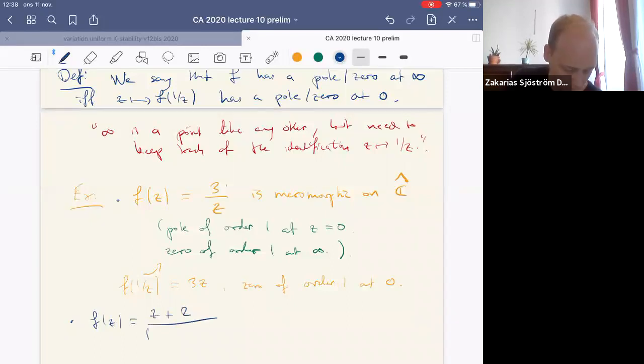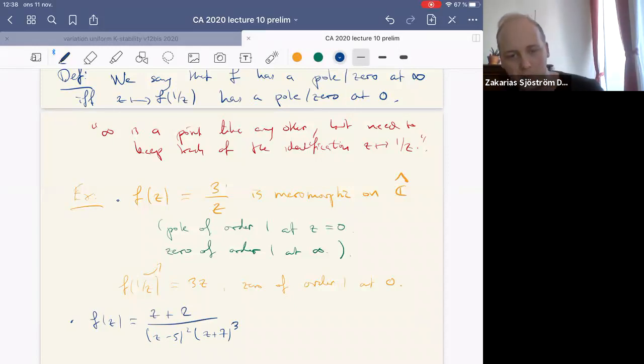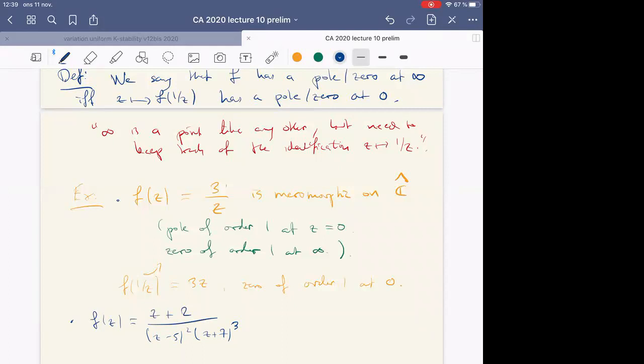If I write down this one, is it meromorphic on the complex plane? And what are the zeros and poles and everything? At what points? So it's z minus 5 squared times z plus 7 cubed. It's meromorphic on C hat, and it has a 0 at z equals minus 2.